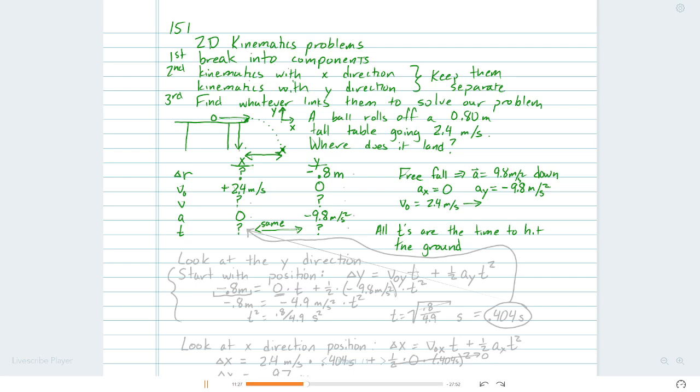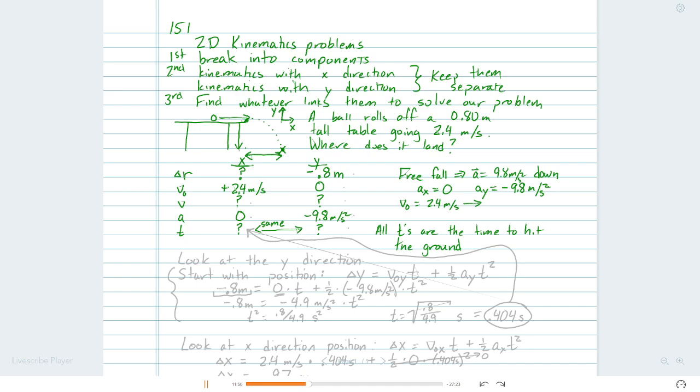It turns out most of the time that we don't actually have to solve all 4 equations. In this problem, it's going to turn out that we don't know the final velocity and we don't care about the final velocity, and so we won't bother to solve for those. We're not going to need it to get our answer.